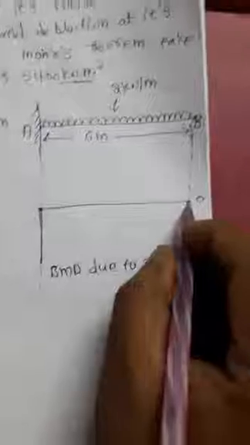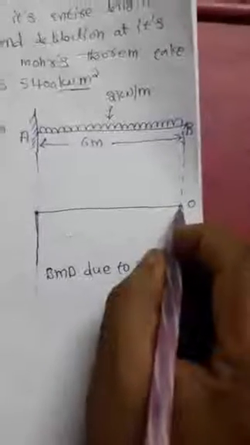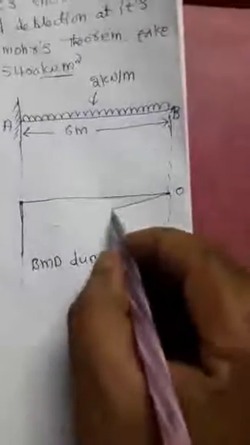Here a UDL is acting, so the bending moment rises from 0 to maximum in the form of a parabolic shape. This is a negative bending moment, and the bending moment value is 36 kilonewton into meter.